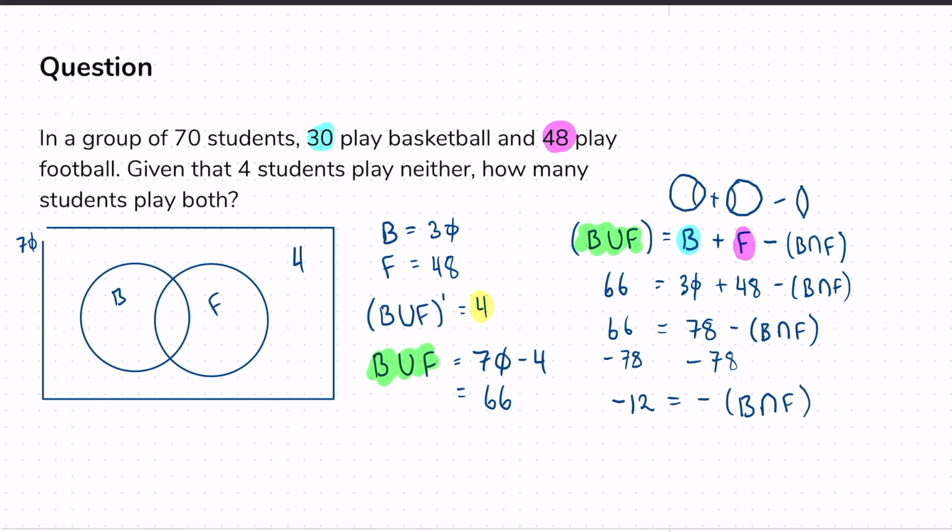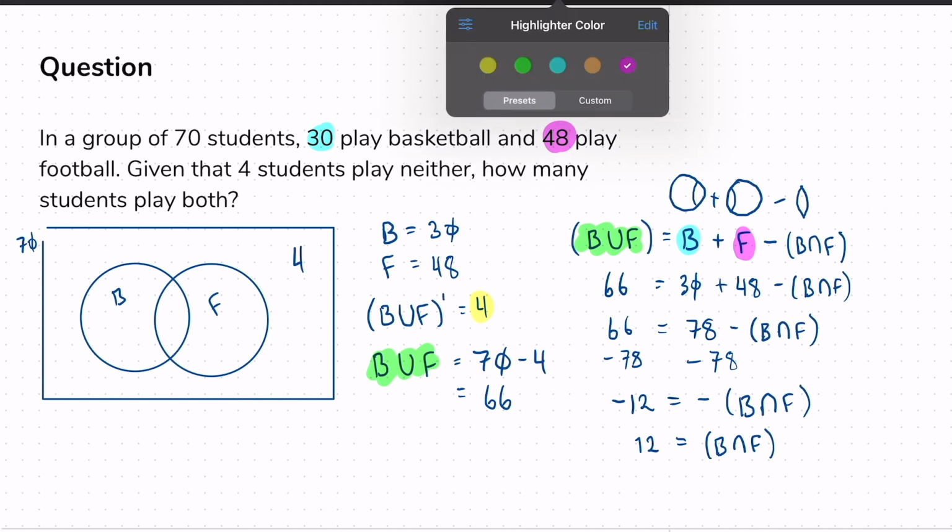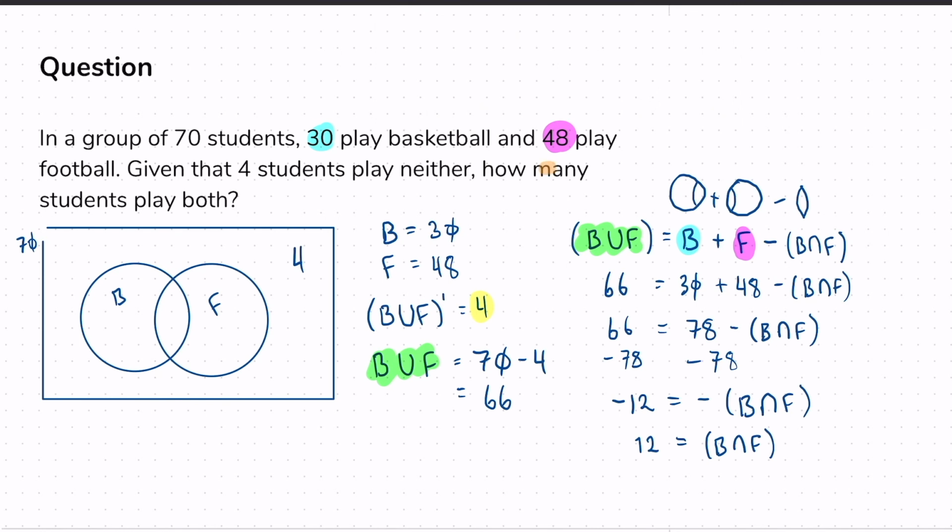I'm going to multiply both sides by -1, and that's going to make it all positive. So the number of students that play both is equal to 12.